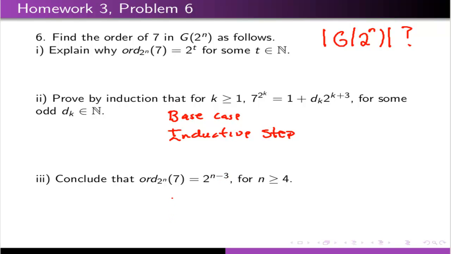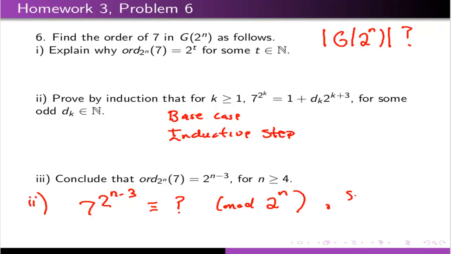So after having done part 2, you're going to discover that 7 to the 2 to the n minus 3 power, so that would be obtained by setting k equal to n minus 3, is congruent to what? Mod 2 to the n. So set k equal to n minus 3. And what if you took a slightly smaller power and you looked at 7 to the 2 to the n minus 4 power?